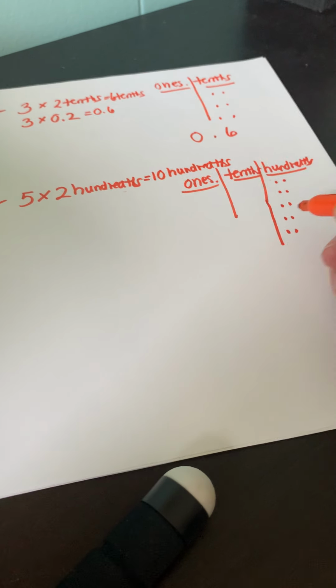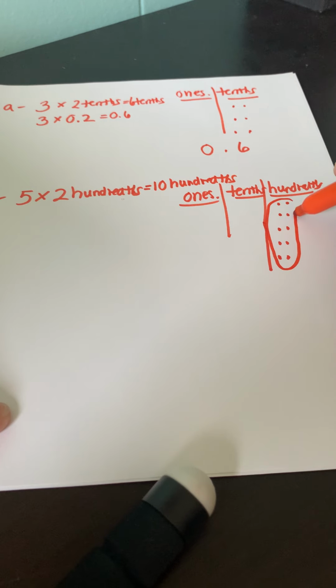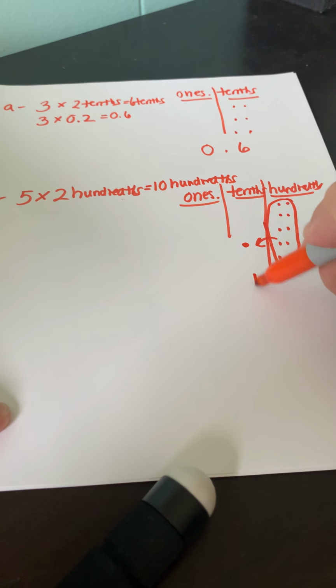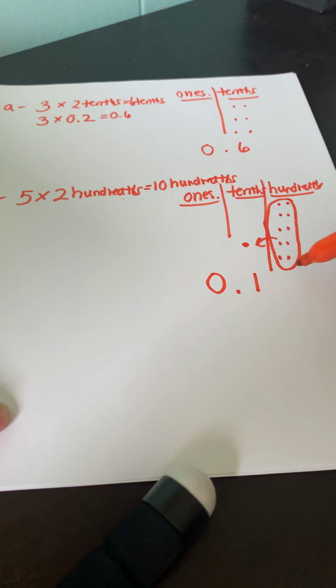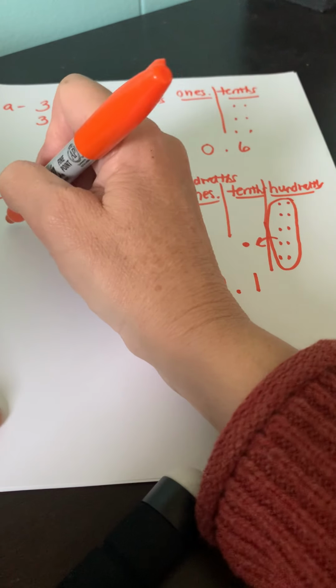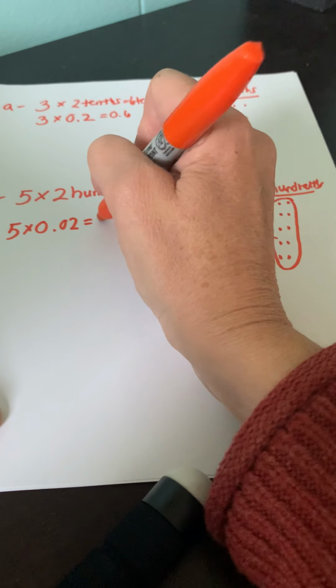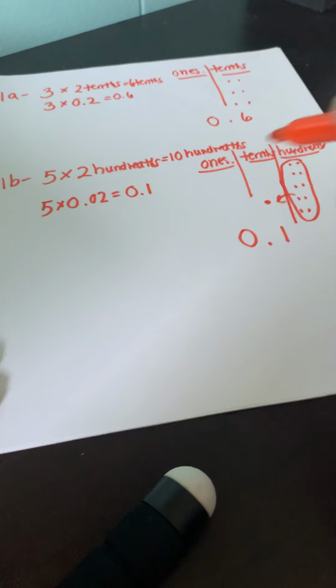And that would be correct. But we can rename 10 hundredths. I could bundle those 10 hundredths and exchange it for 1 tenth. 10 hundredths is the same as 1 tenth. 5 times 2 hundredths equals 1 tenth, or 10 hundredths. I hope this is making sense to you.